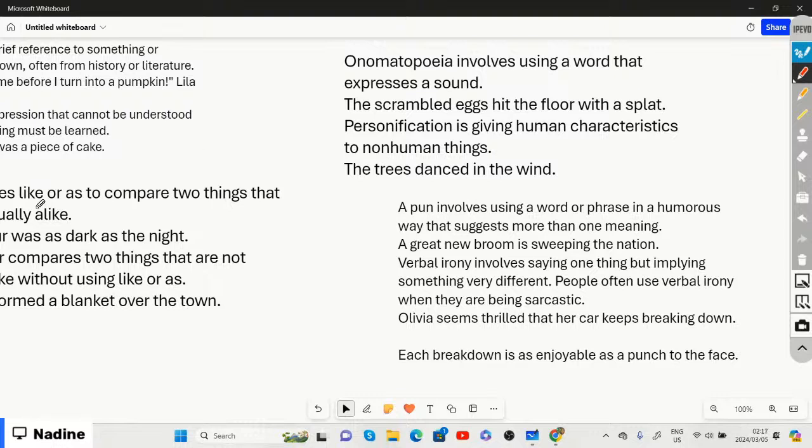All right, so we said onomatopoeia. And onomatopoeia involves using a word that expresses a sound.